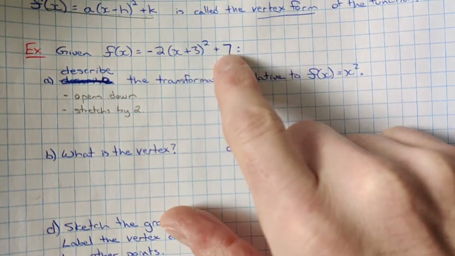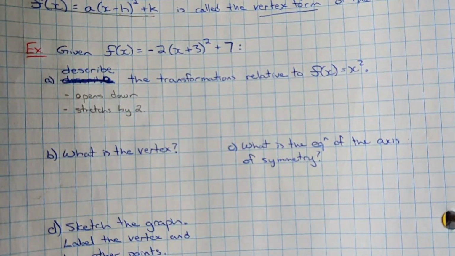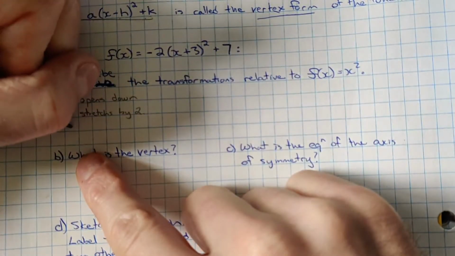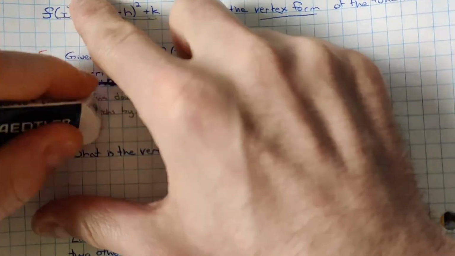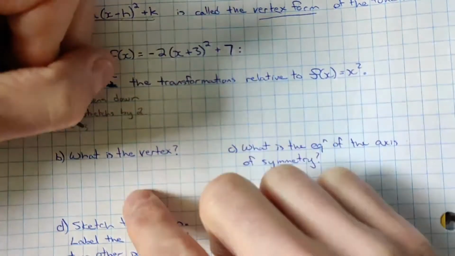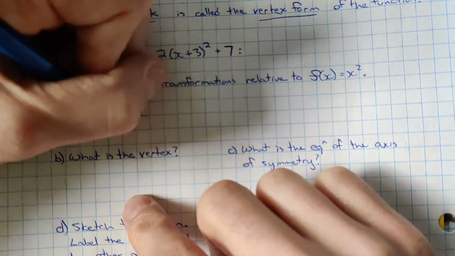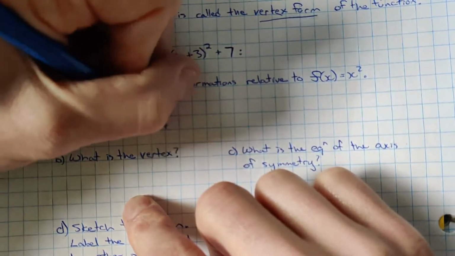There's our H, there's our K. So the H, positive 3 inside the brackets, means the H is actually negative 3. So it's going to shift 3 units to that.